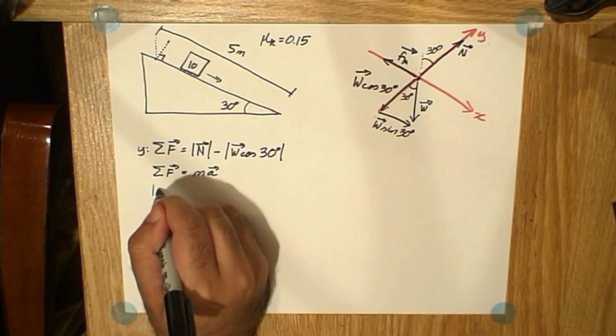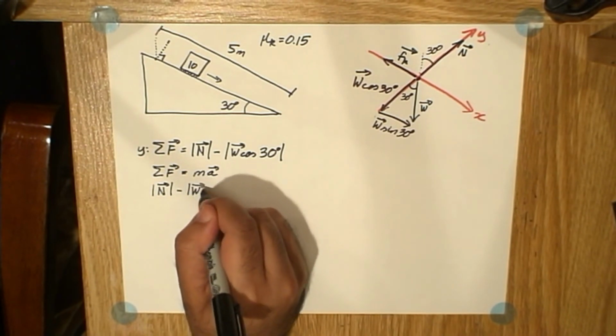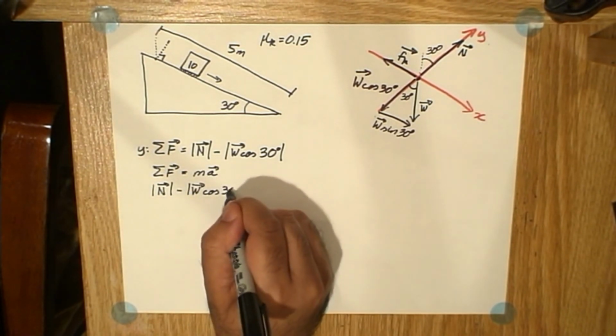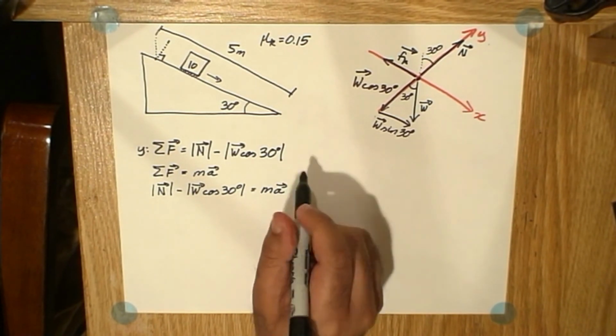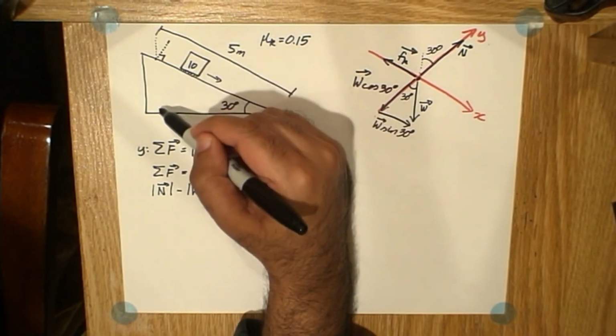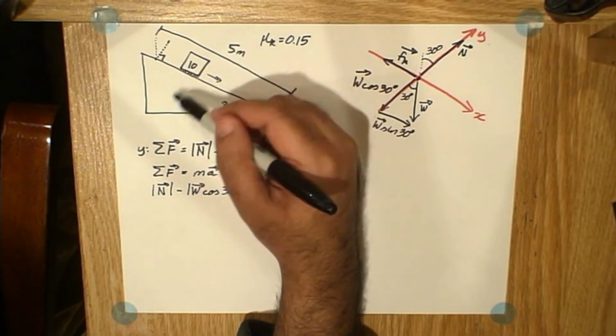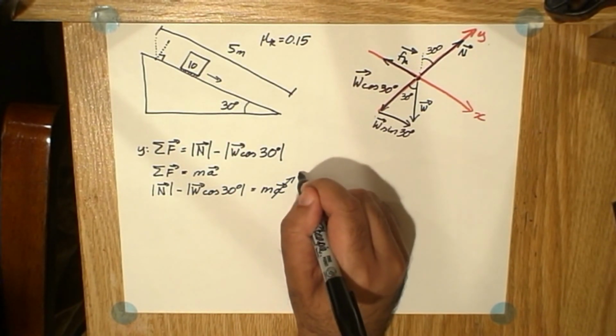So that means that the normal force minus weight cos 30 must be equal to mass times acceleration. Now this object is not levitating off the ramp, nor is it collapsing into the ramp. There's no motion at all in the y direction. That means that this acceleration is 0.